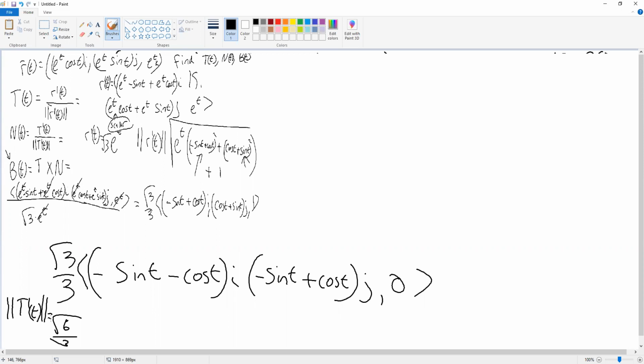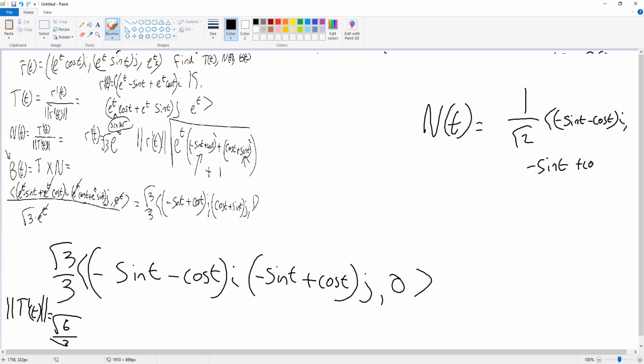And then what's our final answer for the unit tangent T? It's 1 over root 2 times, for the i component, negative sine of t minus cosine of t, and then comma, negative sine t of j and 0.